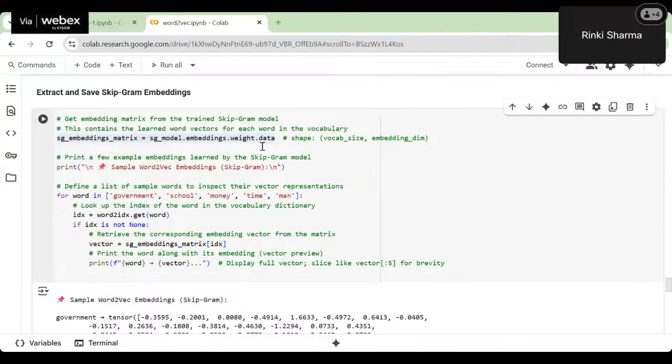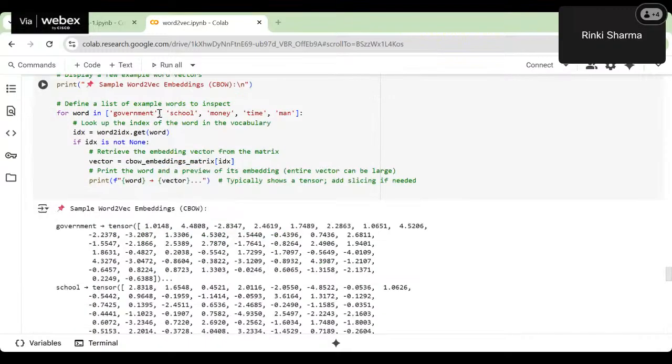You can choose words of your choice, and we printed the learned embedding for these words. Now we come to the use case, how we can check whether our model is learning properly or not.